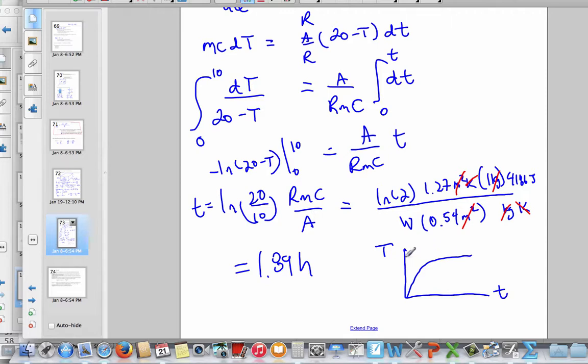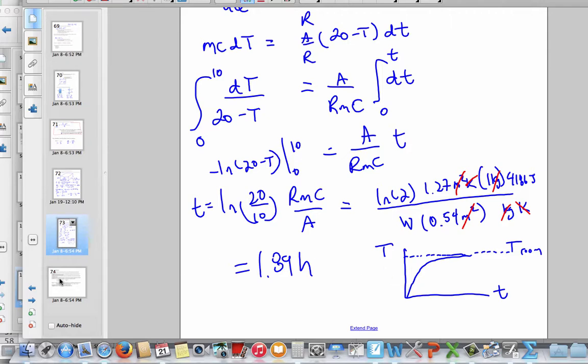And so you end up with this sort of behavior, where this is the temperature of the room, and this is the temperature of the water on the inside. You could solve this if you put in T here, and then you could work out temperature as a function of time, and you'd find it's an exponential function of this form.